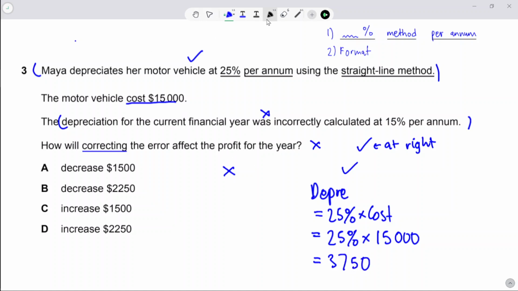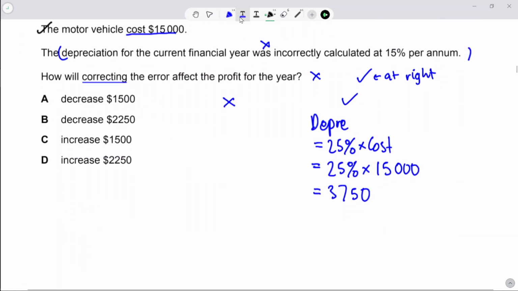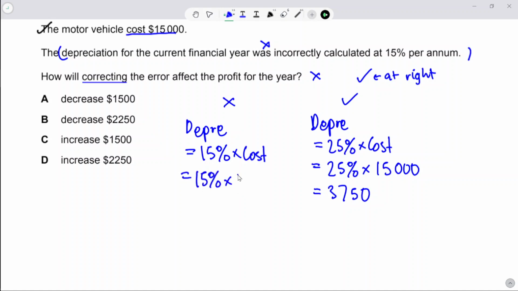Okay. So let's go next line. What he do is a depreciation. What he do is 15% times this cost. 15% times this thing.